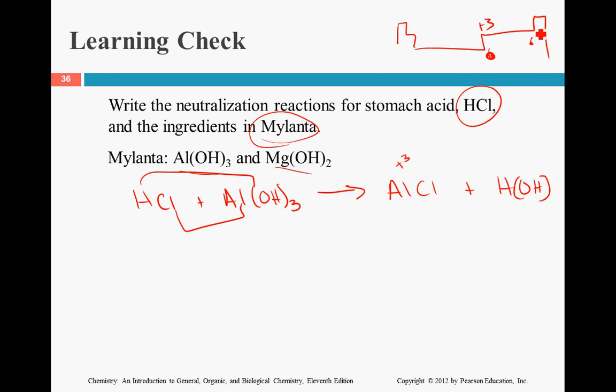Chlorine is right here. It has a -1. So it becomes Al1Cl3 when we crisscross. And HOH becomes H2O. So it's HCl plus Al(OH)3 yields AlCl3 and H2O.